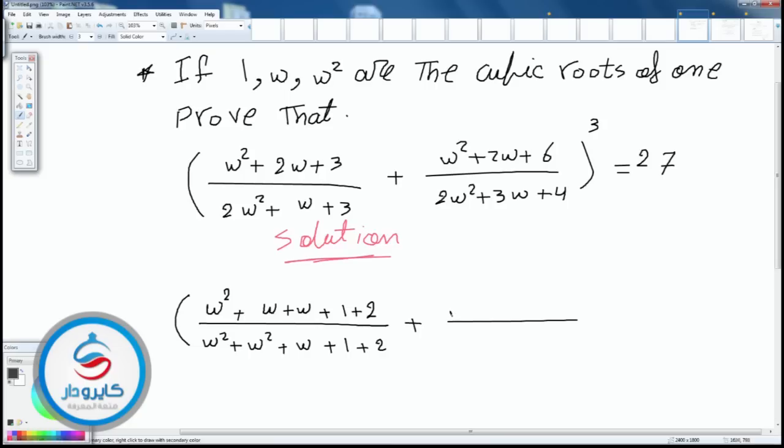Omega square plus 2 omega means omega plus omega plus 1 plus 5.